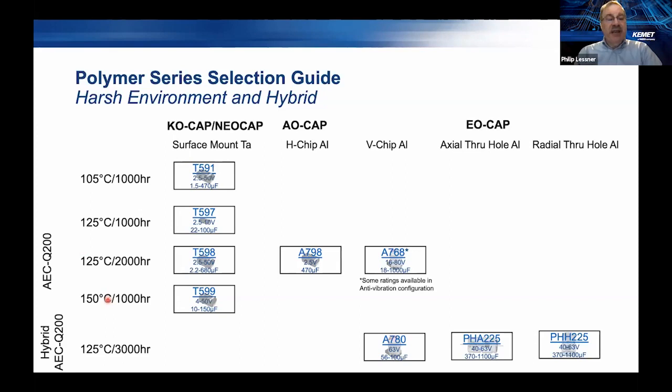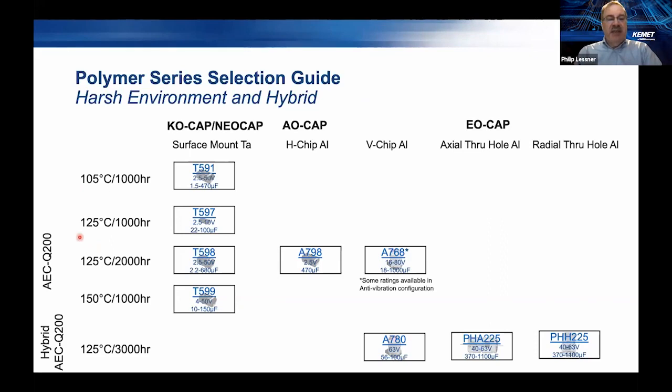And what distinguishes these for the most part from the general purpose is that general purpose tantalum polymer is generally tested to 60 degrees C, 90% RH type of humidity life test.